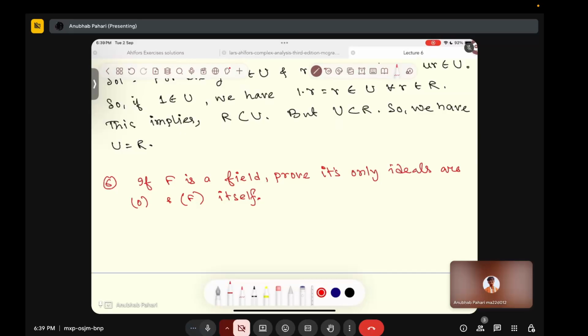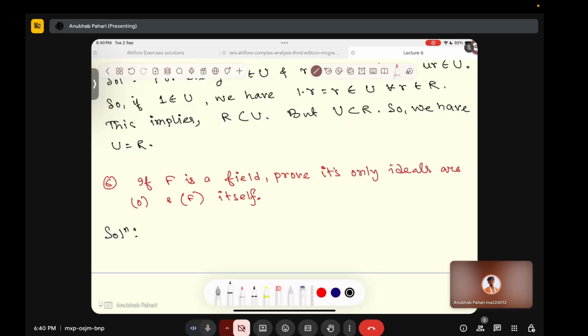So a field is the ultimate algebraic structure we desire. So the exercise says that if you are given a field, then it has only trivial ideals.